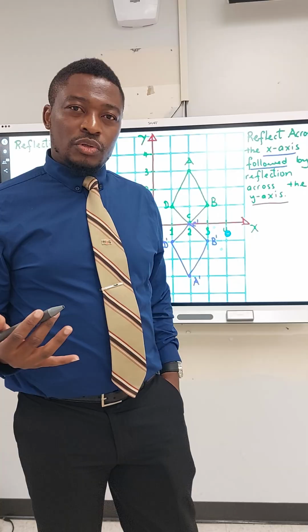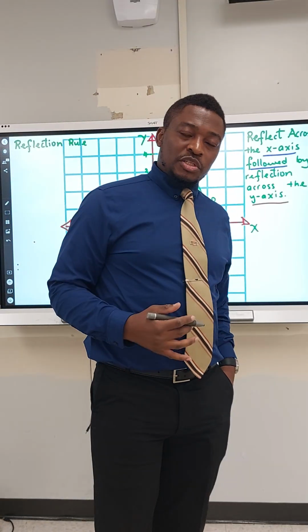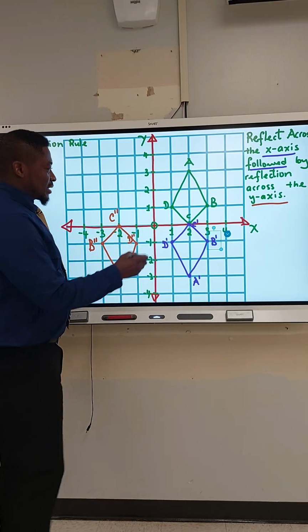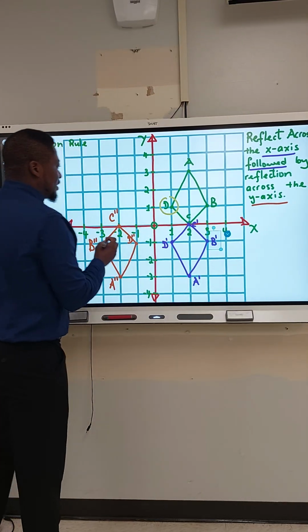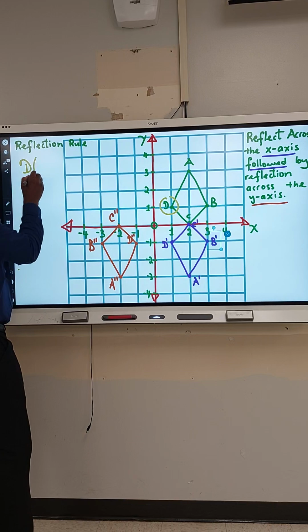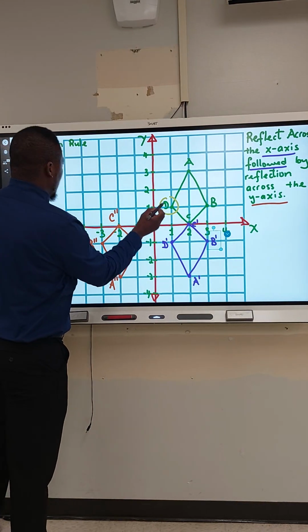So we will take only one object point. Let's consider this object point D. This object point D had coordinates initially 1, 1.